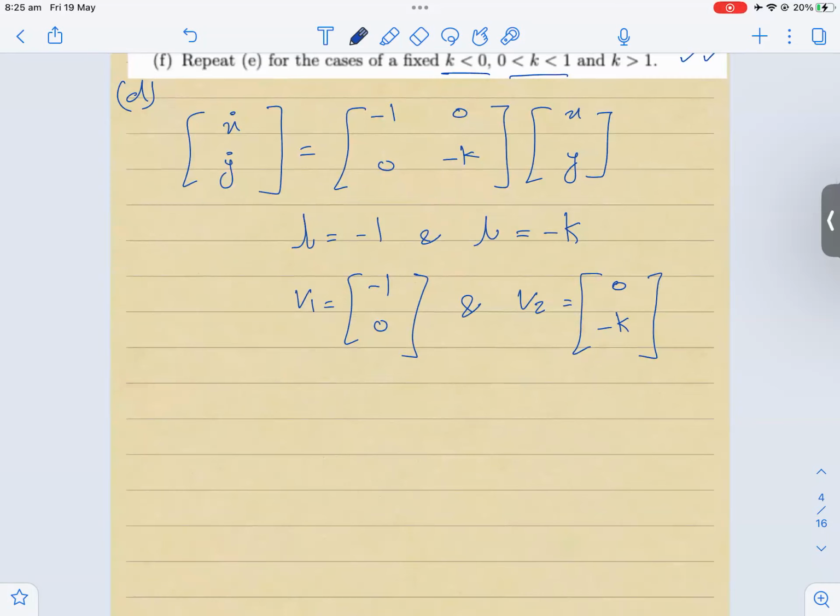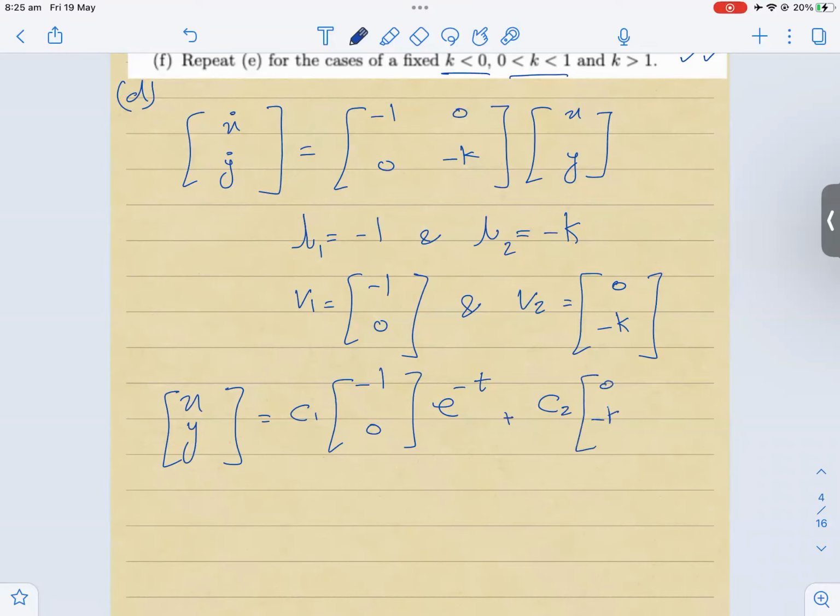From here, (x, y) is c1 times (-1, 0) e to the minus t plus c2 times (0, -k) e to the minus kt.